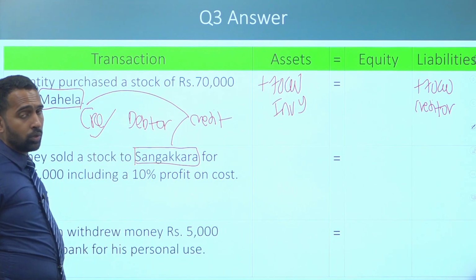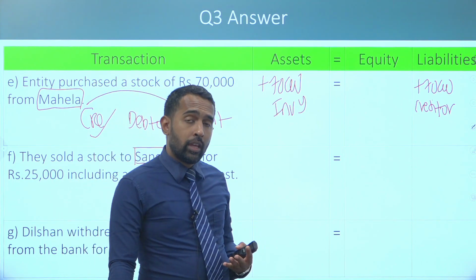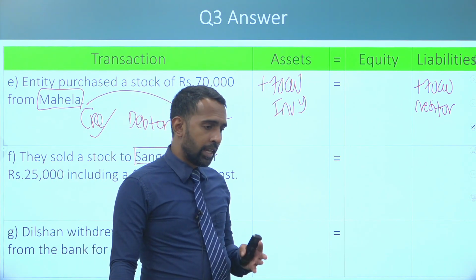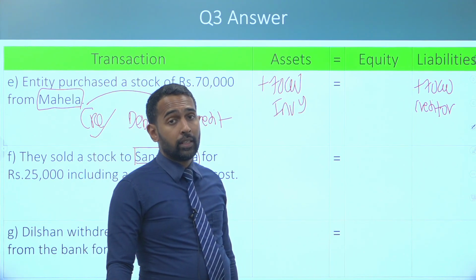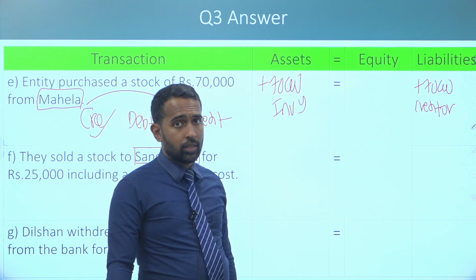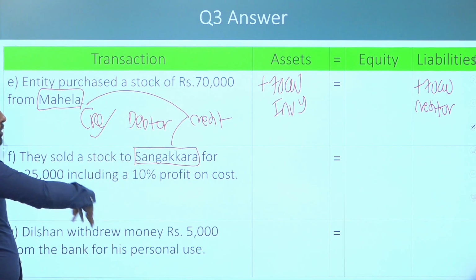Whenever they give the names without saying cash, so obviously it is a credit transaction. Now, if you look at the second point, they have sold stocks to Sangakkara.